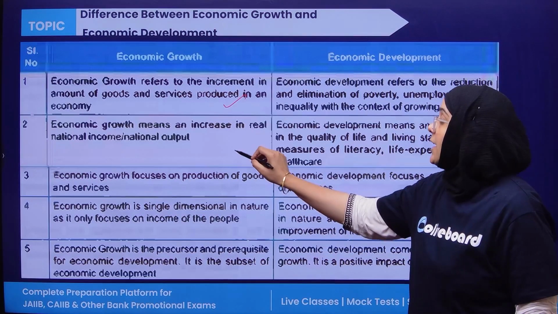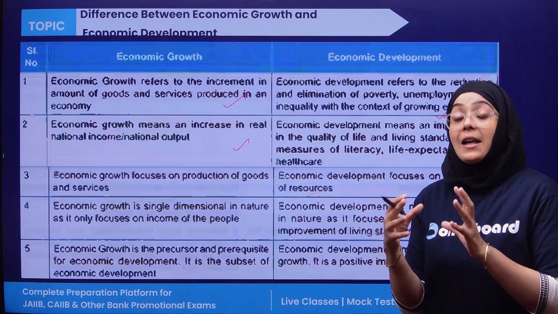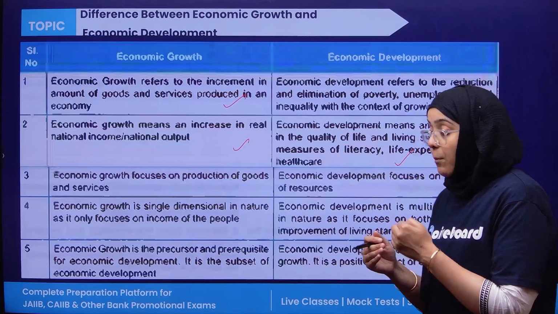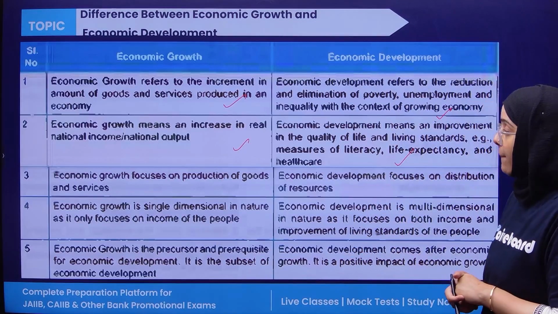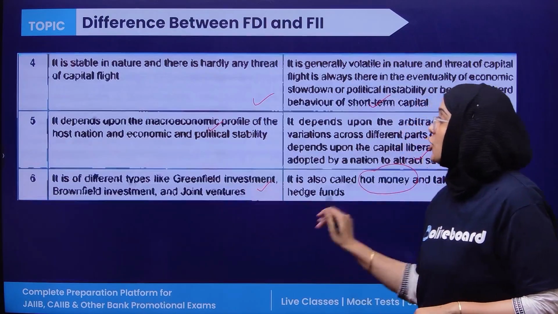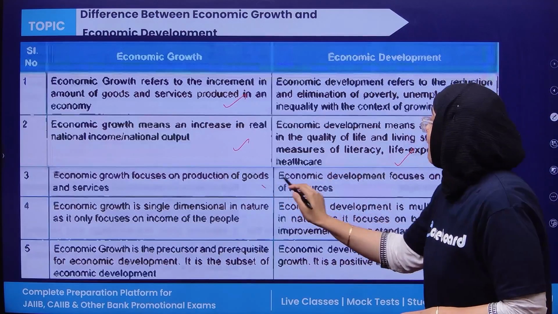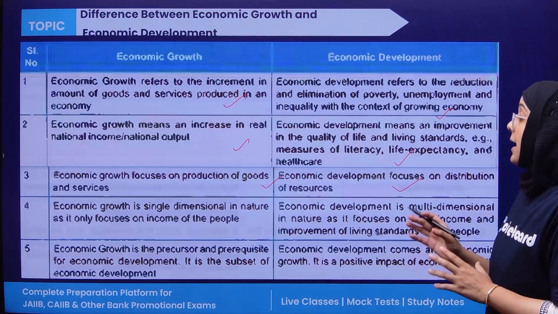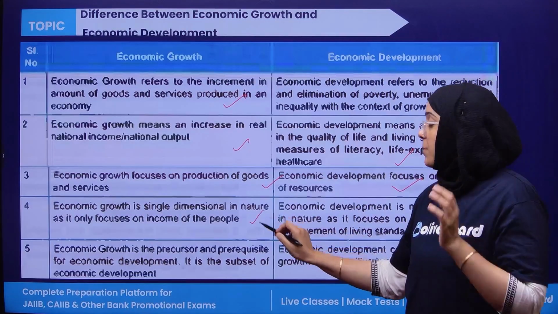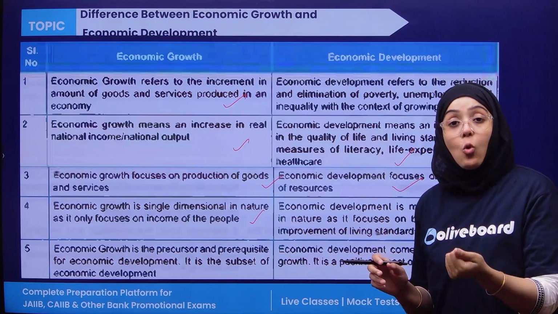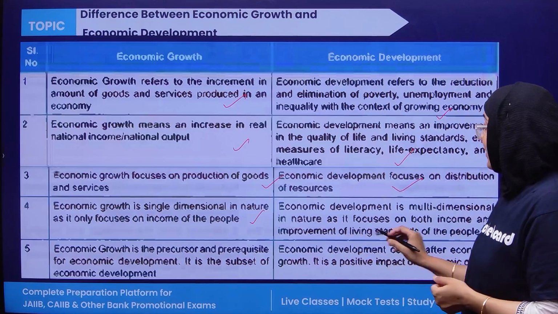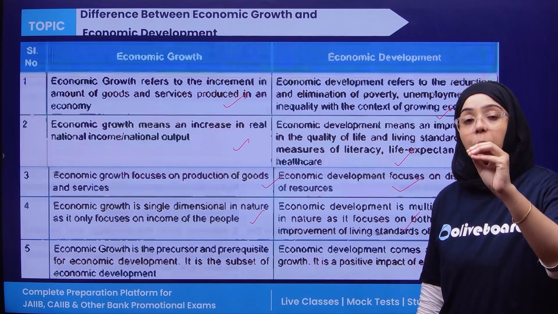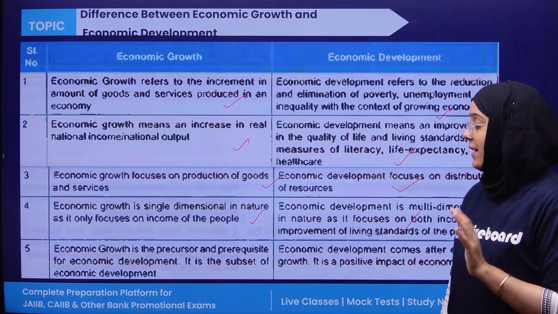It is simply a real increase in the national income, whereas development is improving the quality of life of people. Growth focuses on the production of goods and services, whereas development focuses on the distribution of resources. Economic growth is single dimension because you are only judging quantity-wise, whereas development is multi-dimensional. You are reducing poverty, improving the living standard of the people, etc.